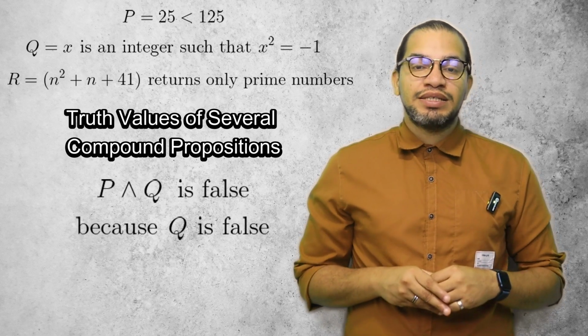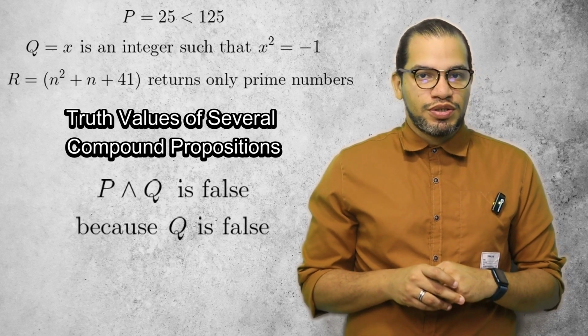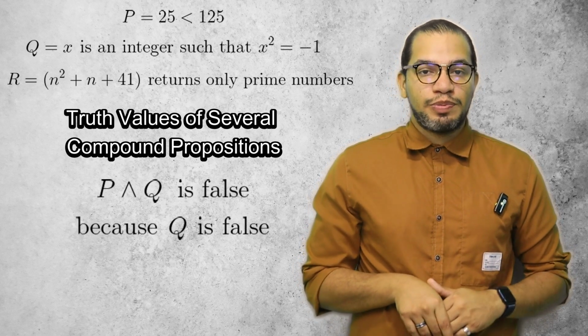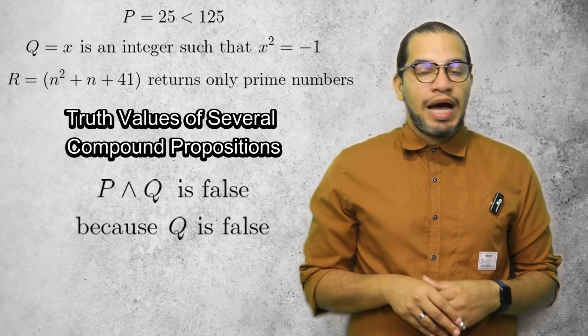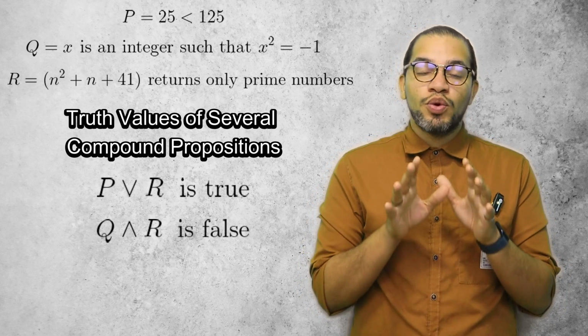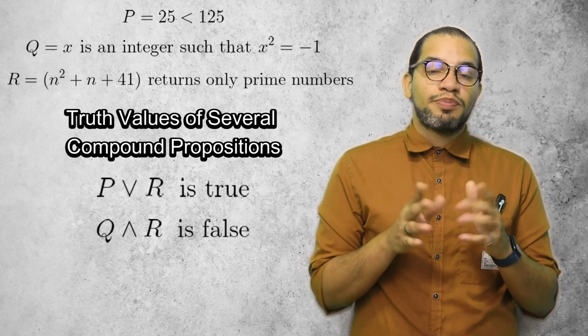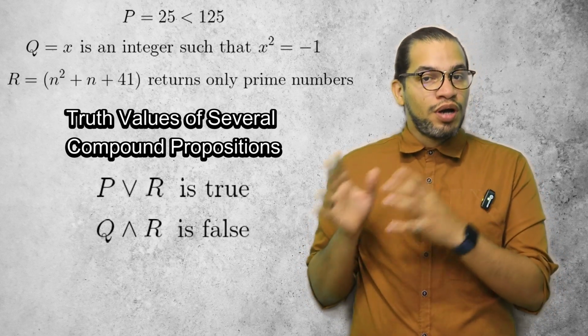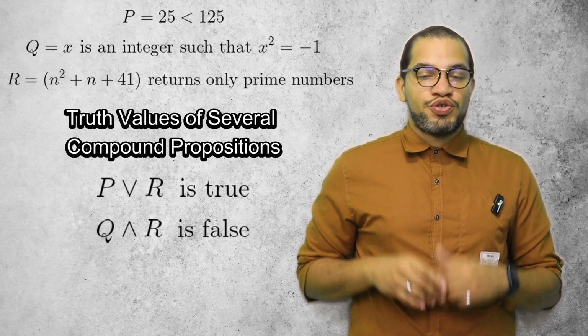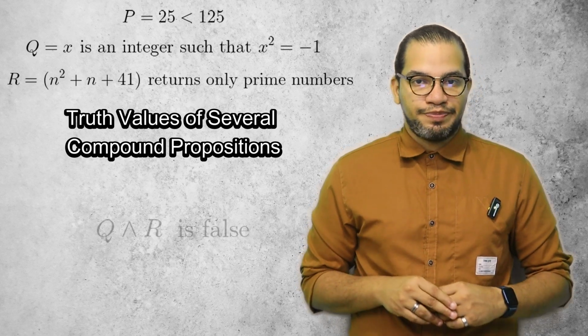But in this case, P is true, but Q is a false proposition, making the compound proposition P and Q a false one. Notice that if we assume that we don't know the truth value of proposition R, then proposition P or R must be true because proposition P is true.